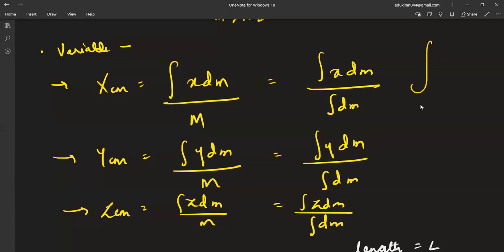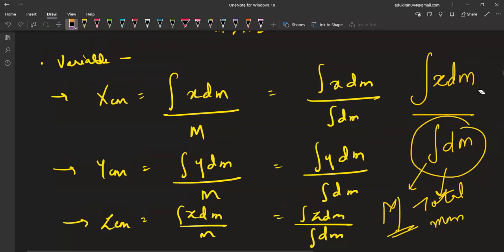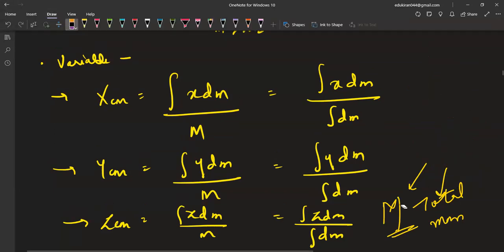Integration of x dm, y dm, z dm divided by total integration of dm. This means total mass. This is how you will calculate the total mass. But many times we already know the total mass. So instead of writing this, we directly write it as m. All right, this is how you calculate. Note down these points and we'll practice one question on variable also.